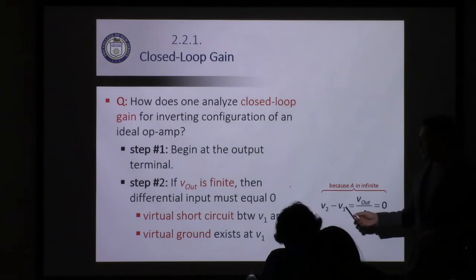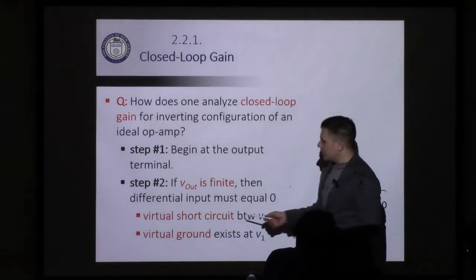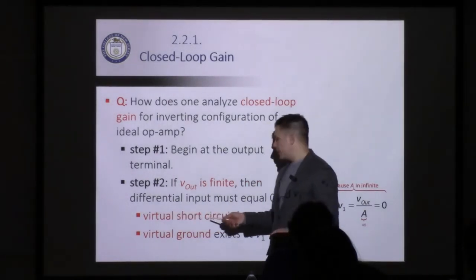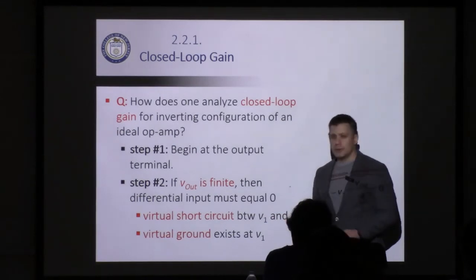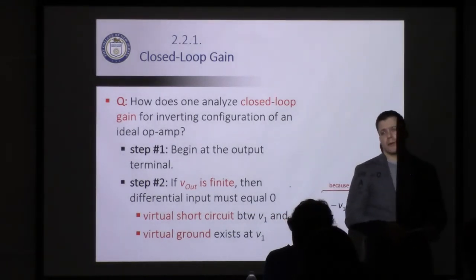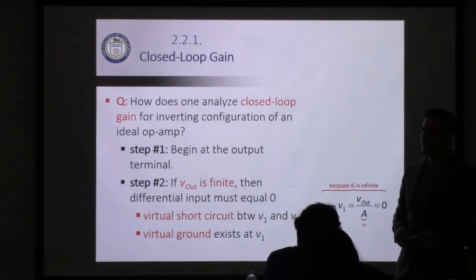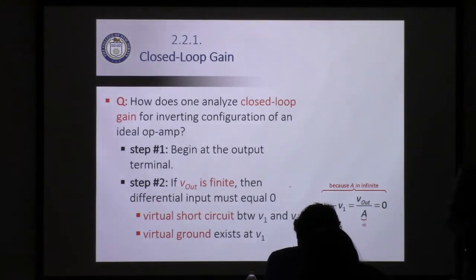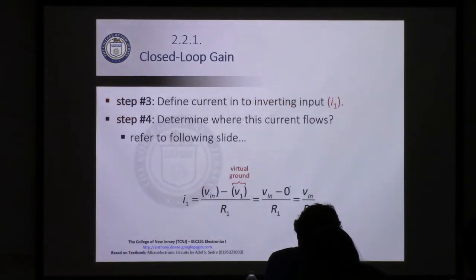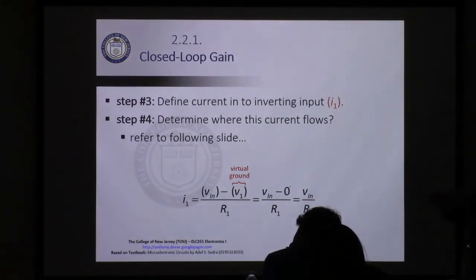And what this does is this will be visualized as a virtual short between V1 and V2, the inverting and non-inverting terminals of the op-amp. Step 3, and I'm going to go through this verbally, and then we're going to show a picture, and we'll do it visually as well.